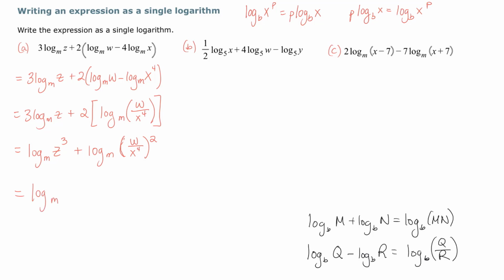And what are we going to write now? We are going to write a product. We have z to the 3rd times w squared over x to the 8th. I guess I could use parentheses there. And there's your single logarithm.